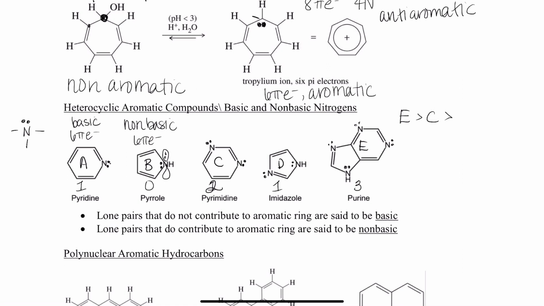We know that because pyrrole has no basic nitrogens, it is going to be the most acidic or the least basic.